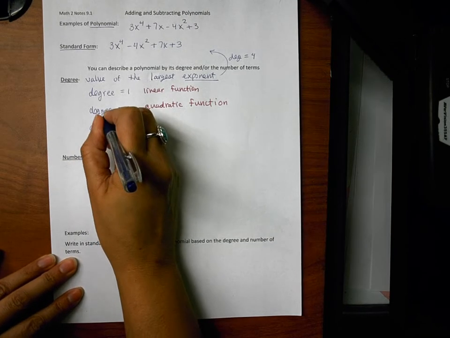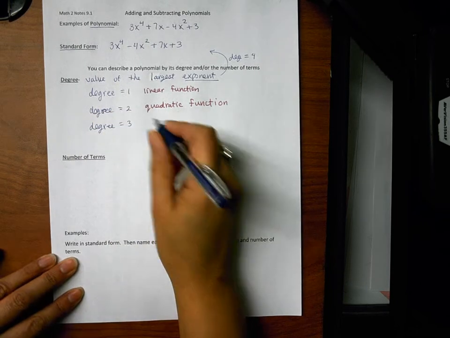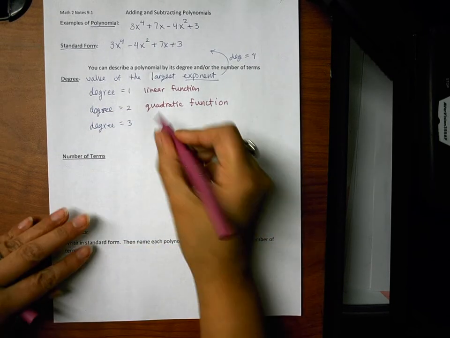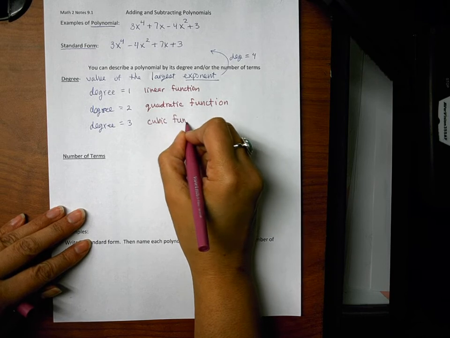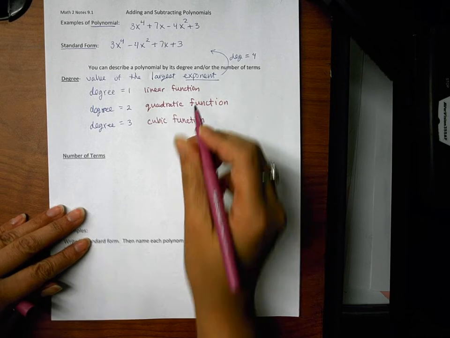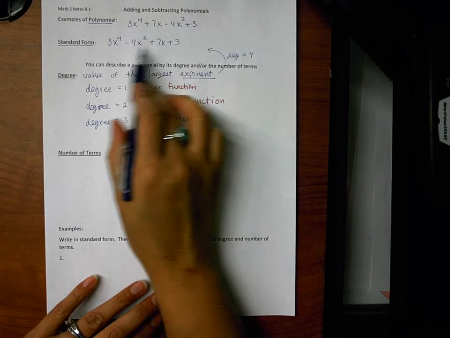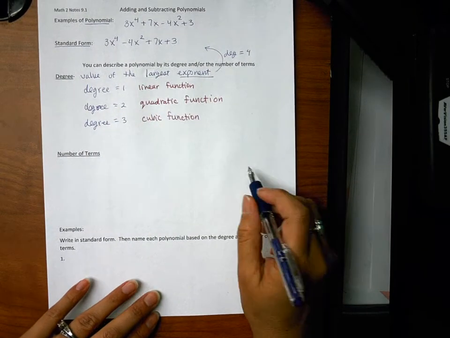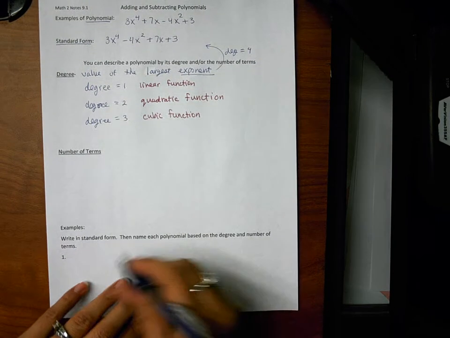If the degree is 3, we call that a cubic function. I don't have anything to the third power up here, but we'll eventually see what a cubic function would look like.